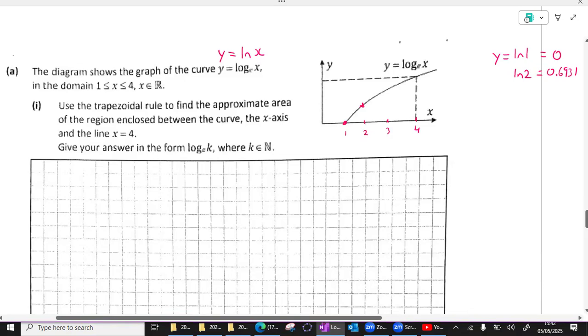So would that make sense? I guess so. If we were doing the natural log of 3, we get 1.09, etc. And then if we did the natural log of 4, we get 1.38, etc. So essentially we know that is the natural log of 4.